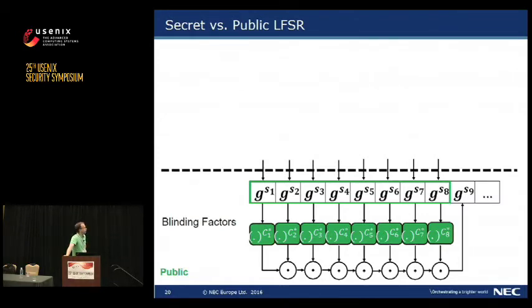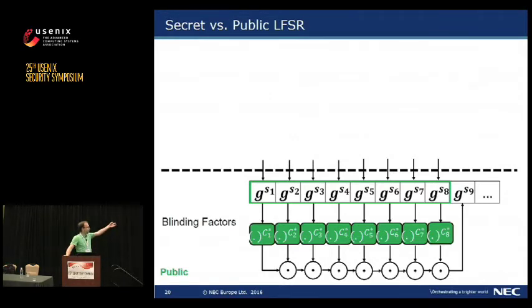So we have the puzzle solutions with the exponents S1, S2, S3 to S8, for the example of a register of length 8, and the register is given by the coefficients C1 to C8.